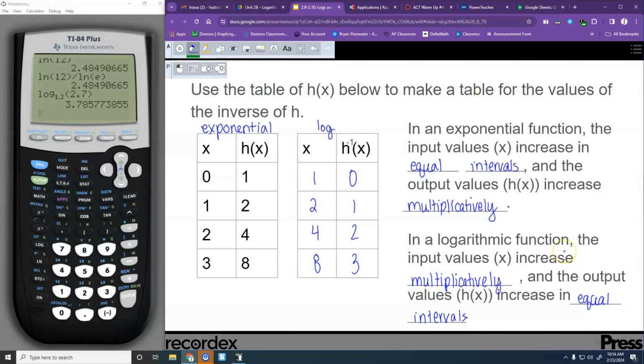So basically, when you see a table that's supposed to be a log, you should see your x values being multiplied while your y values are just going up by a constant amount. Right? It's just the switch of an exponential for that. So let's try a couple.